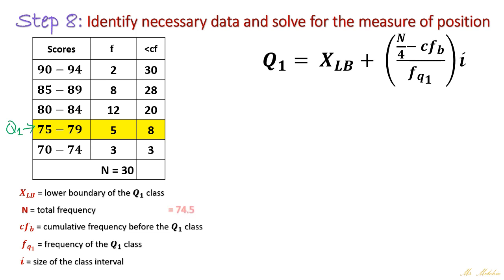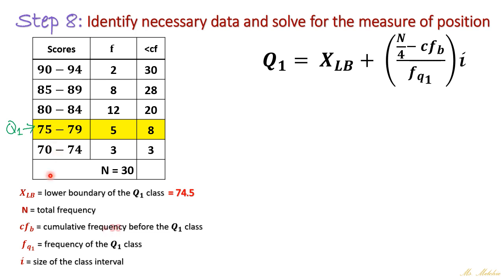Of course, let's start with the lower boundary of the Q1 class, which is 74.5. You just simply focus on your lower limit. Here in our Q1 class, our lower limit is 75. You just simply deduct 0.5, always. So 75 minus 0.5, you will have 74.5.